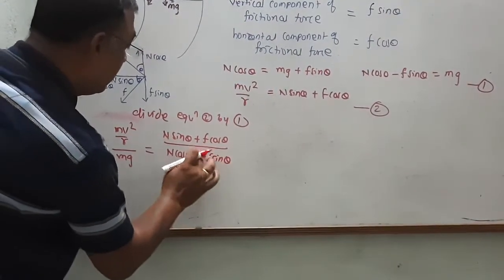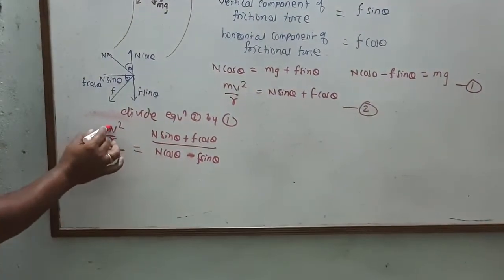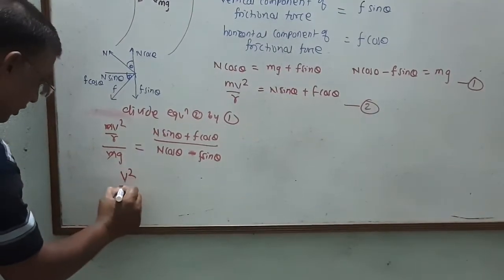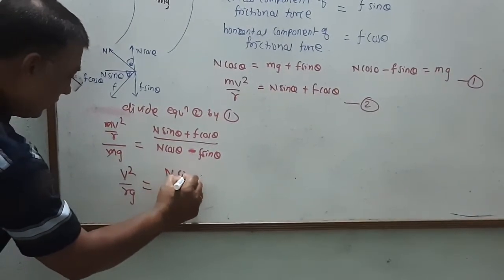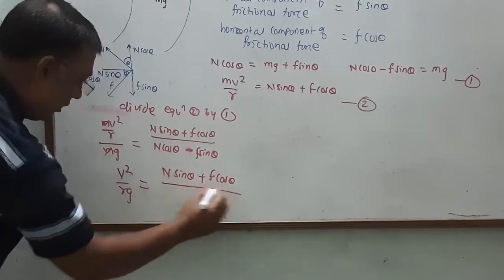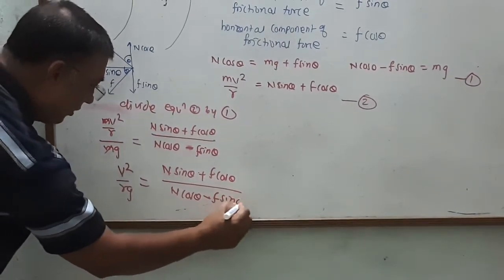The minus sign comes out here. The m will get cancelled. On the left hand side I can write v square upon rg is equal to N sin theta plus f cos of theta upon N cos of theta minus f sin of theta.